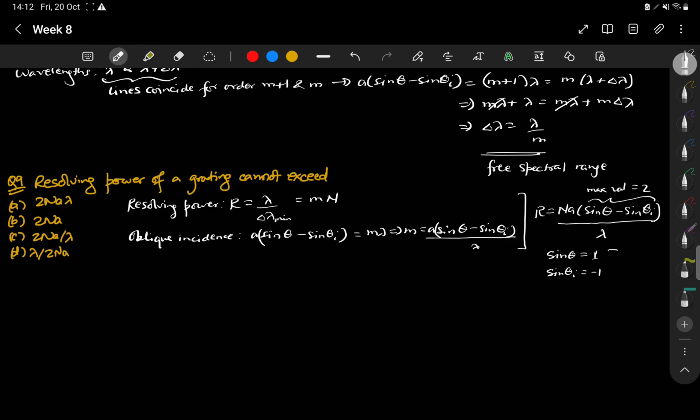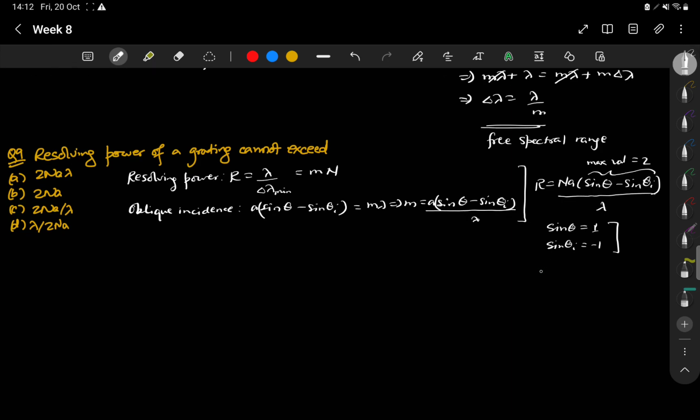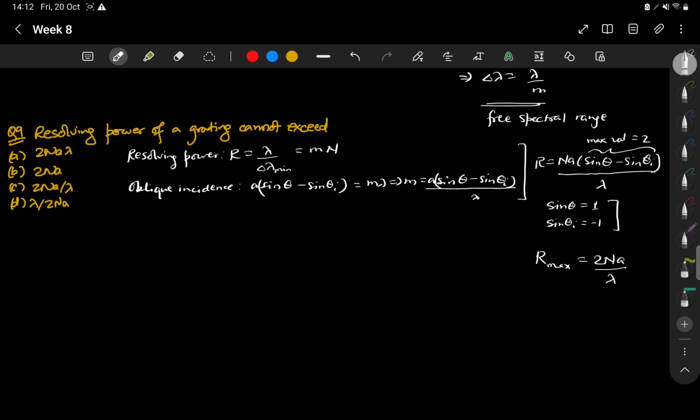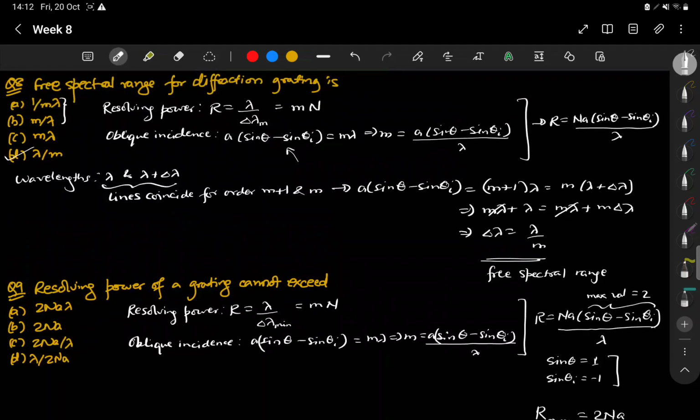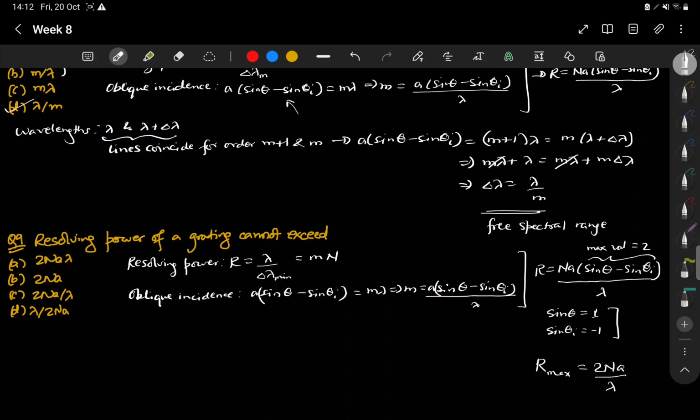So in this situation you get the maximum value. So what is the maximum value then? R max is 2na over lambda. So it cannot exceed this. You just cannot get more resolution. If you want to increase your resolution, then as I had mentioned earlier, you have to decrease your wavelength.